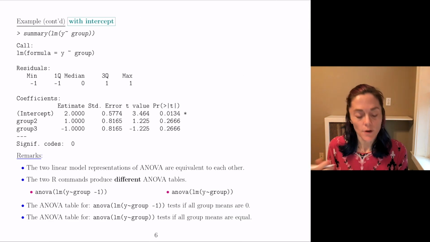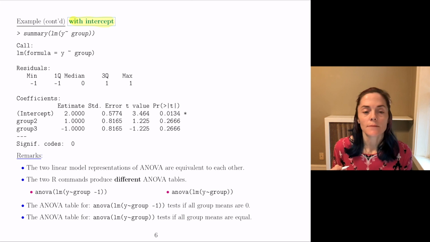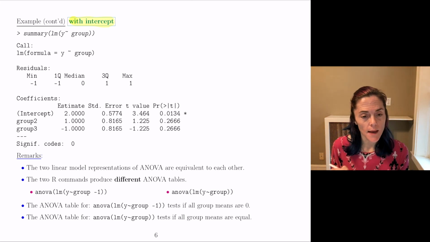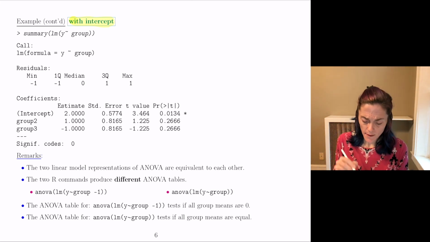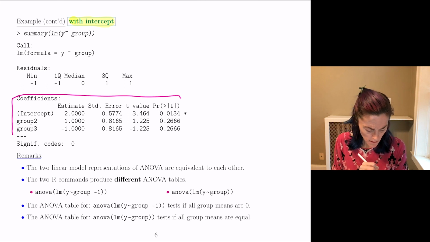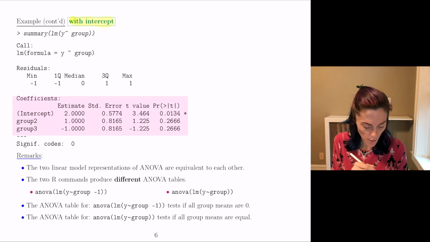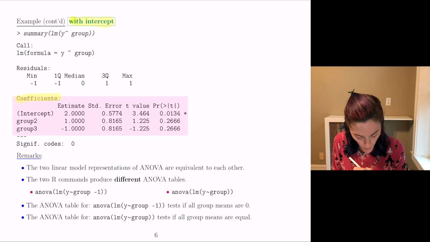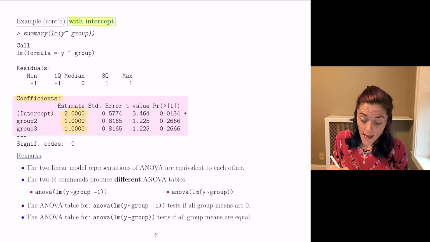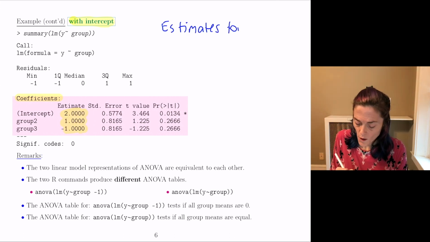Okay, however, if you look at the same summary with intercept, once again, I really want to focus on this coefficients table in the output. And you look here, these are the estimates for beta j.